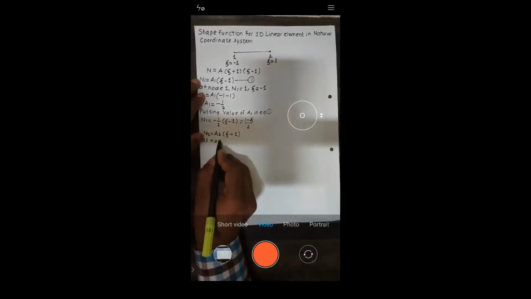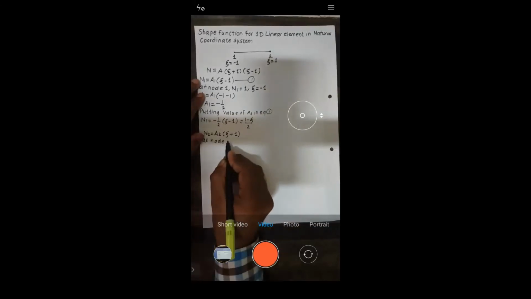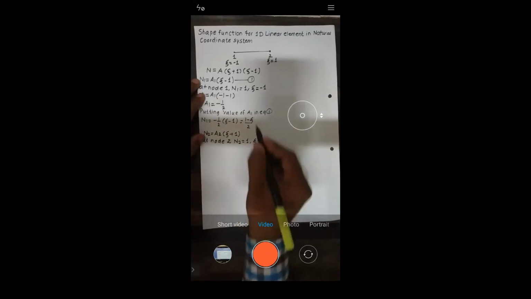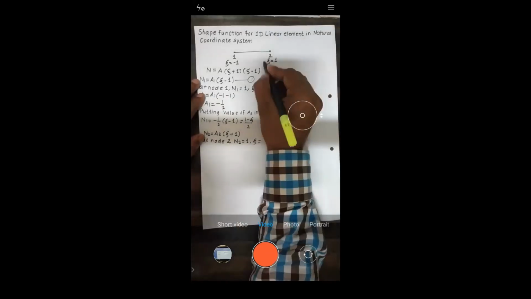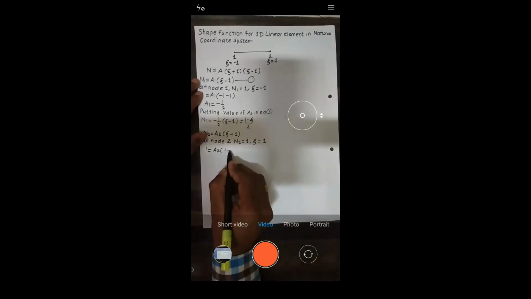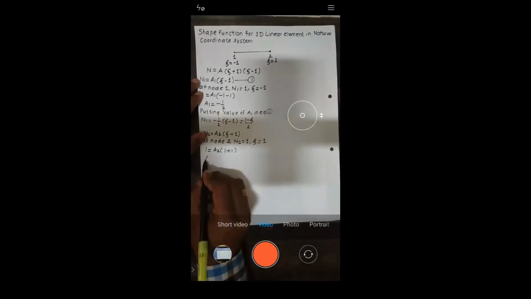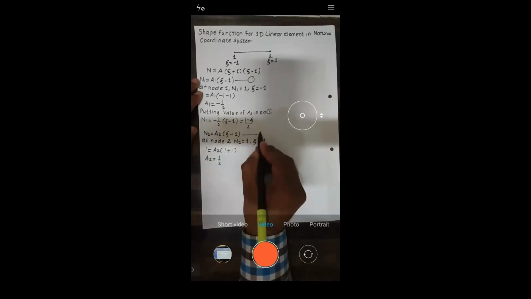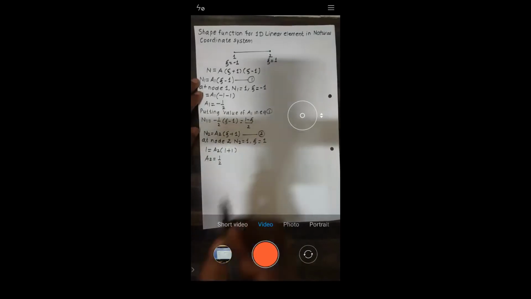At node 2, obviously N2 is equal to 1, and the value of zeta is again 1, right? So just put this value. N2 is equal to 1 is equal to A2 into 1 plus 1, so the value of A2 you will get as half. Let me call this equation number 2.